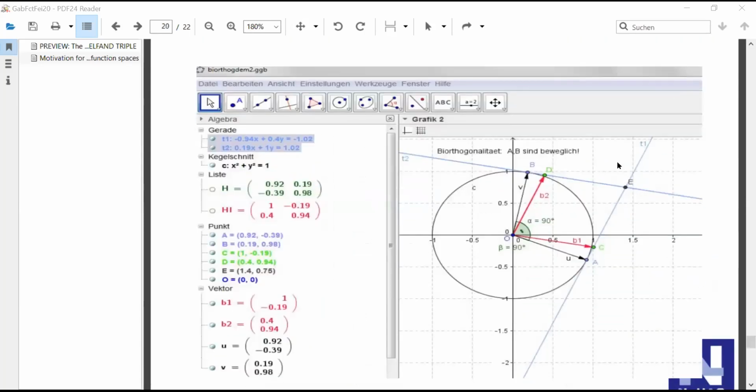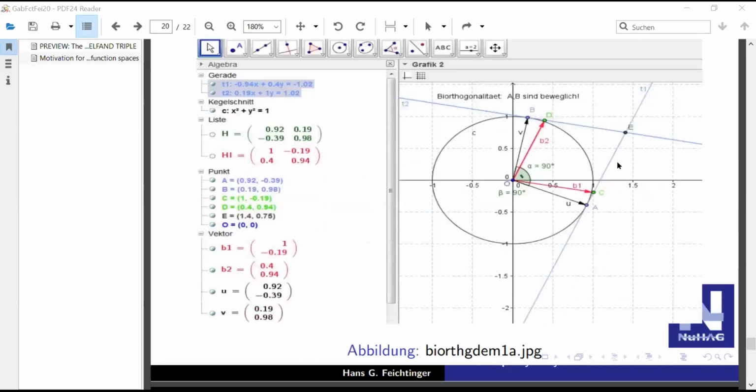Another thing which I found quite instructive, even just for myself, is a small demonstration of what the bi-orthogonal system is. So the idea is very simple.